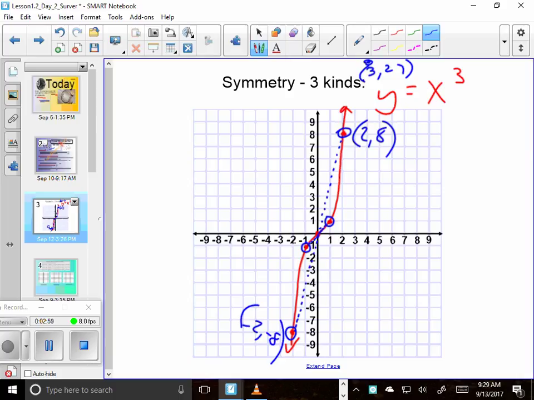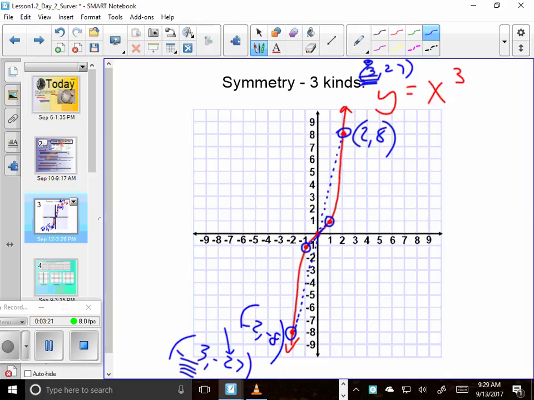All right. So -3, -27 would have to be on the graph if it had odd symmetry. All right, so that says something about the function. And when you put in a number versus the opposite of that number, you get the opposite answer.